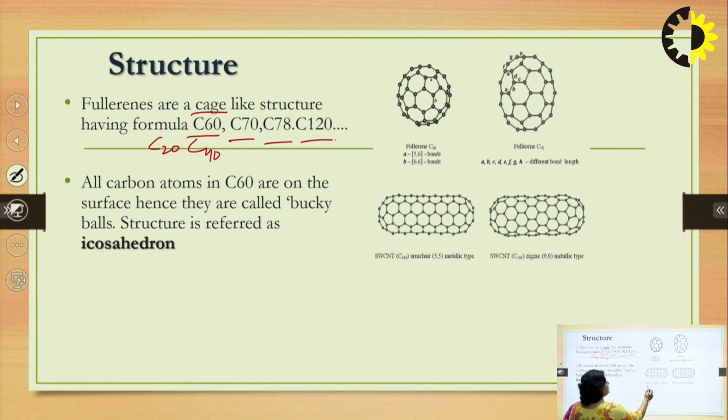Two examples are also shown here, C60 and C68 type of fullerene. Fullerene is a closed, hollow, cage-like structure. All carbons are on the surface, no inner carbon, no corner carbon. The structure is an icosahedron, and this icosahedron structure is specific to fullerene.